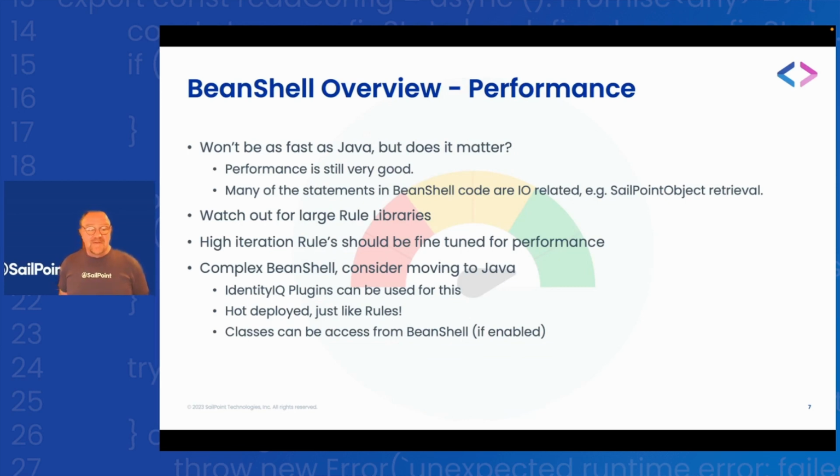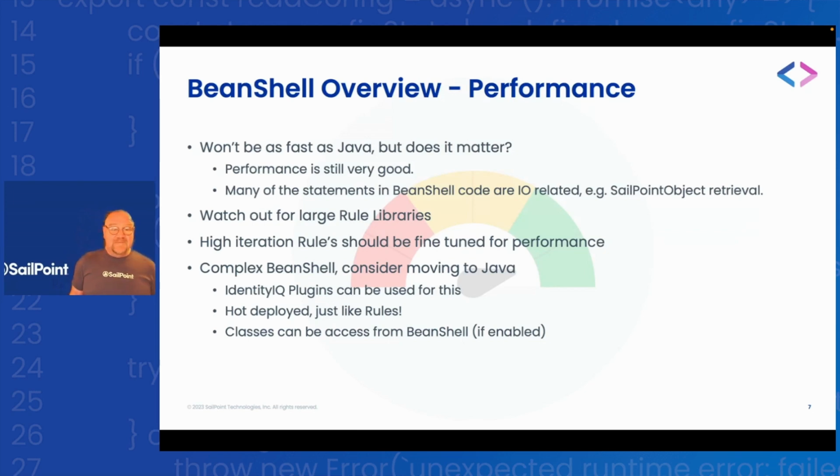And you can't update it without downtime, so it's a problem. But the fact that we have IdentityIQ plugins these days, and you can expose plugin classes to rules, means you get the best of both worlds.